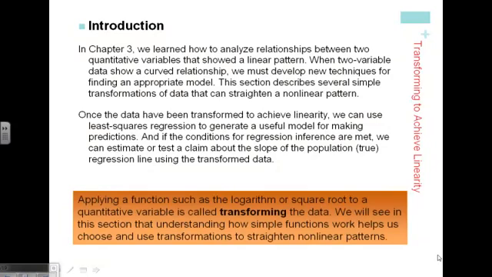Applying some sort of procedure, and in this case, using logarithms or square roots or some other combination of things, to change the data into a new data set is called transformation. Now, we won't be doing it willy-nilly. We'll be doing it with thought and with purpose.